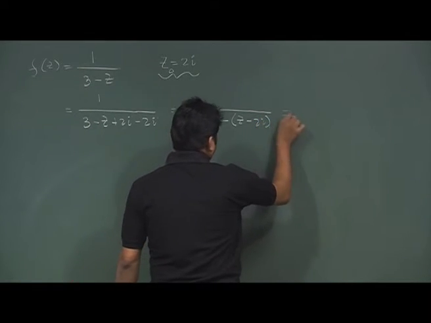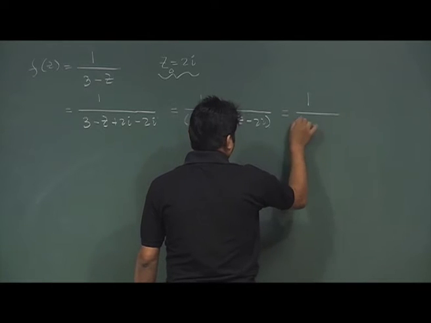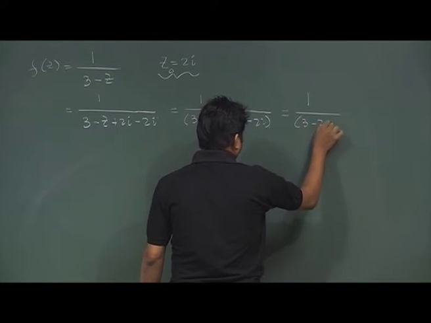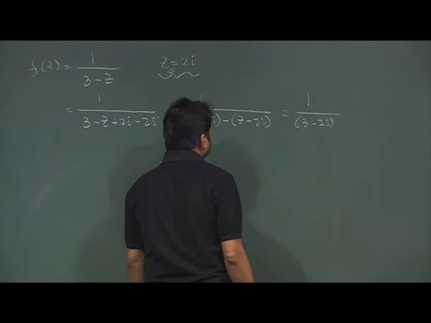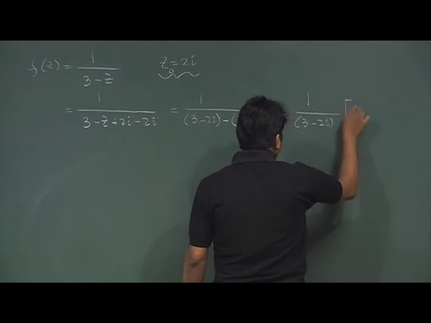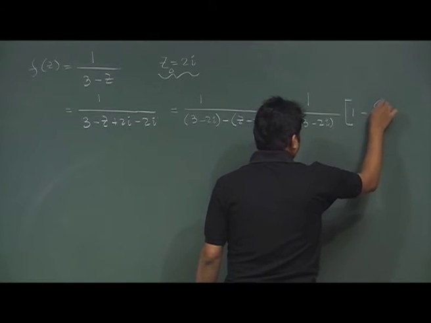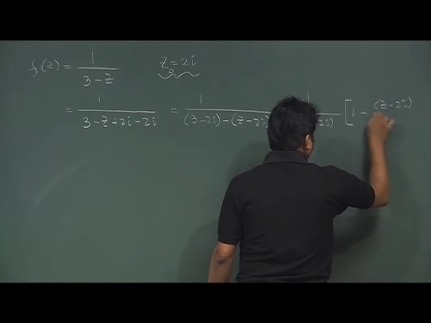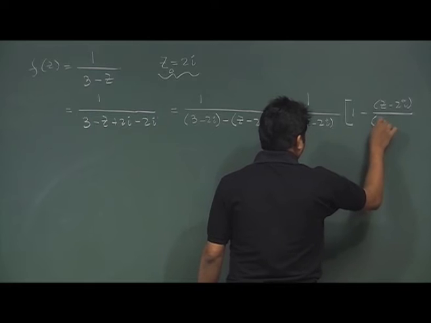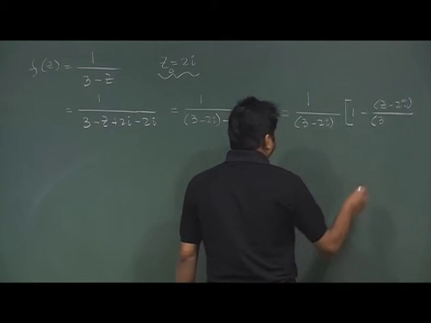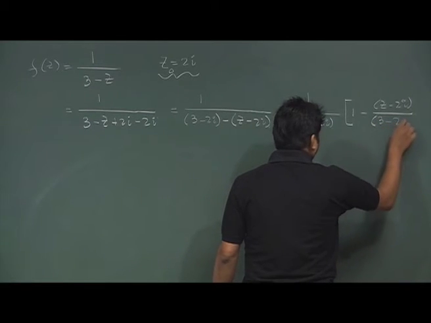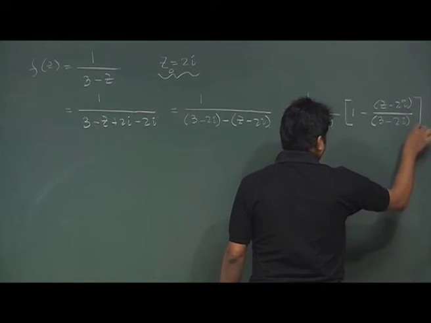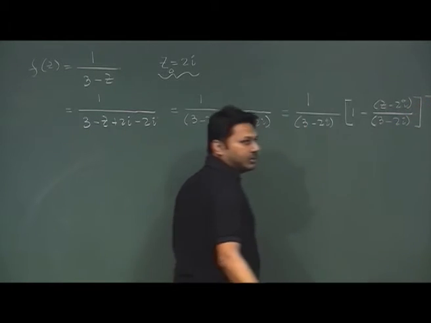Then take (3 minus 2i) common, and I will have 1 minus (z minus 2i) divided by (3 minus 2i), the whole to the power of minus 1.